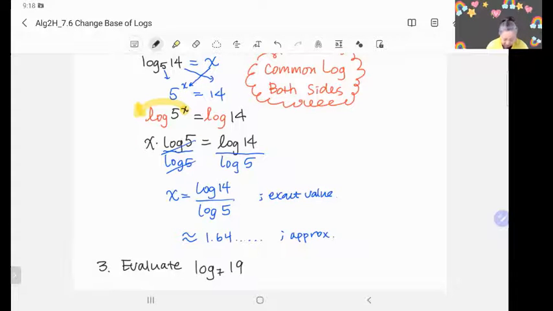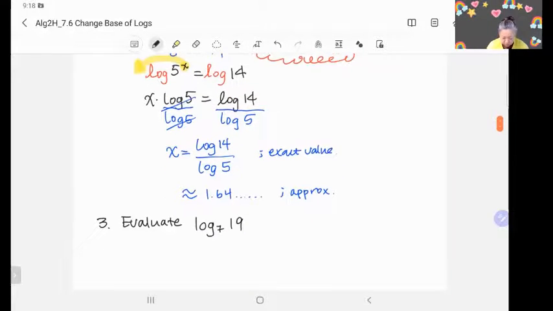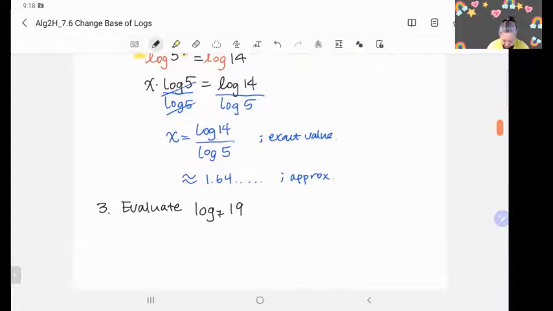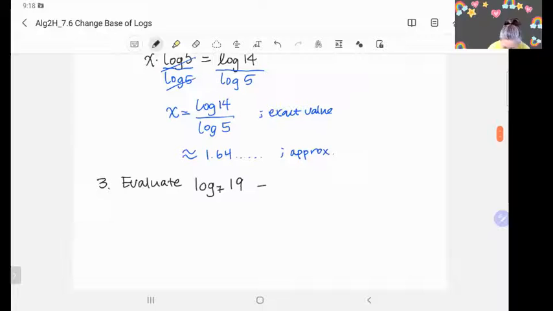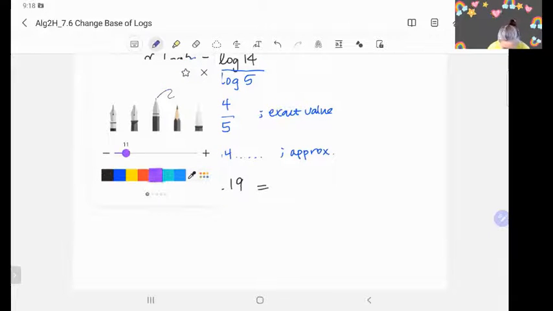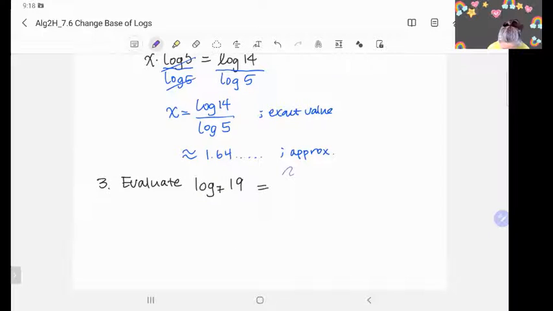Then if we change this into the common log base, this is nothing but log of 19 all over log of the base 7. Are we only allowed to use common log only?